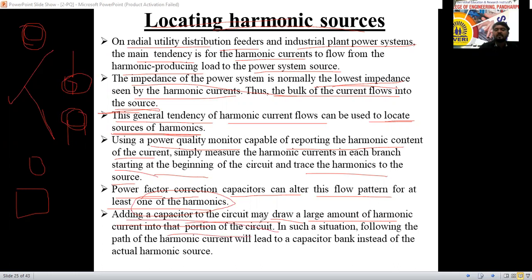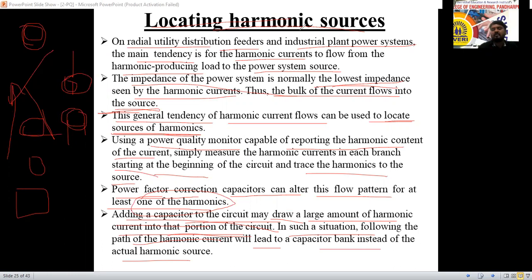In such a situation, following the path of the harmonic current will lead to a capacitor bank instead of the actual source where the harmonics were produced.